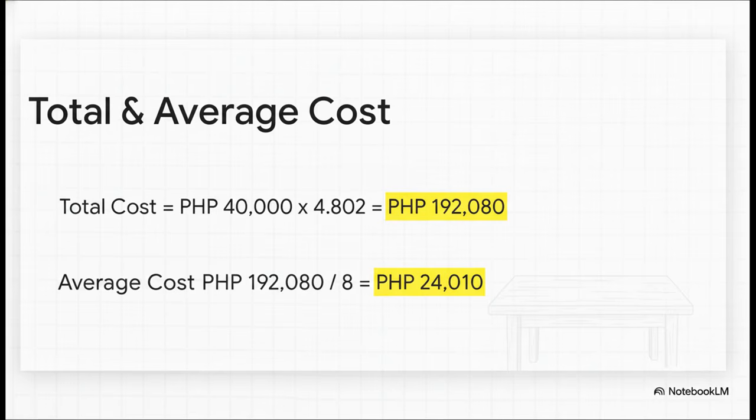We multiply our starting cost of 40,000 pesos by 4.802, giving us a definitive total cost of 192,080 pesos for all 8 tables. And if we want the cumulative average cost, we just divide that total by 8, yielding an average cost of 24,010 pesos per table. It's fast, it's accurate, and it is absolutely crucial for setting a competitive retail price.